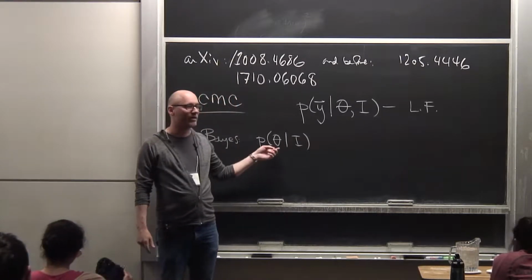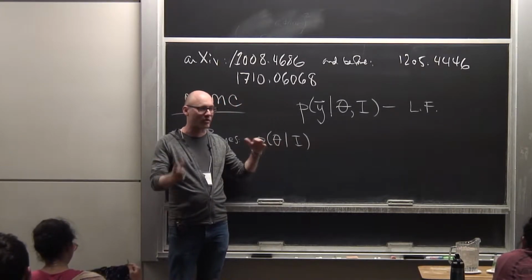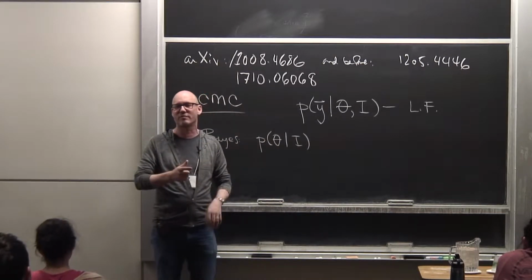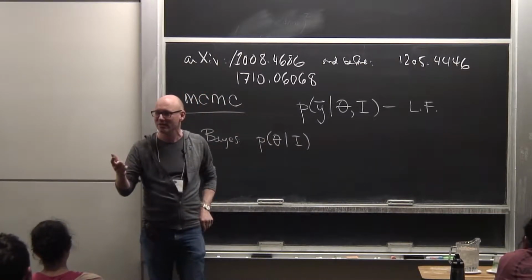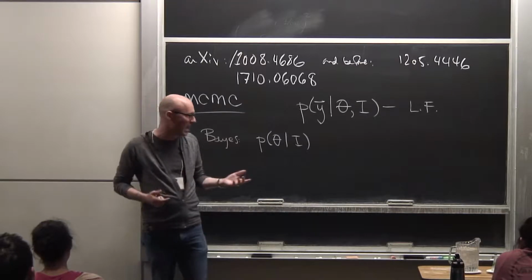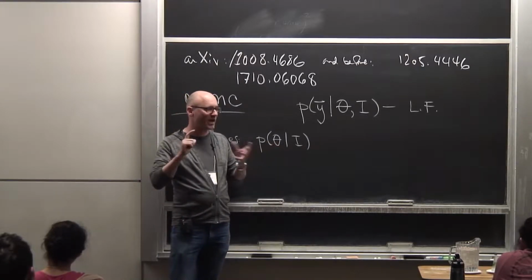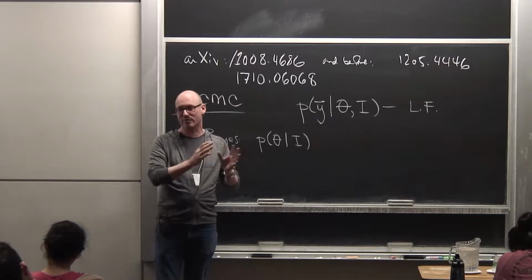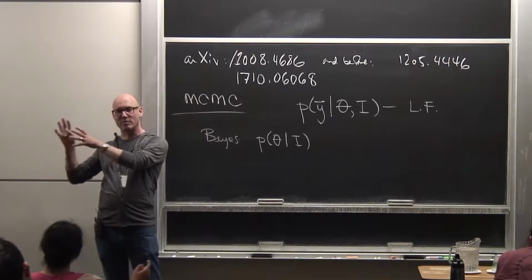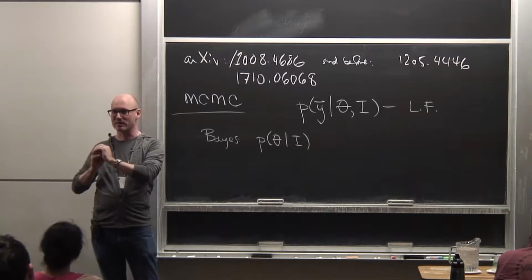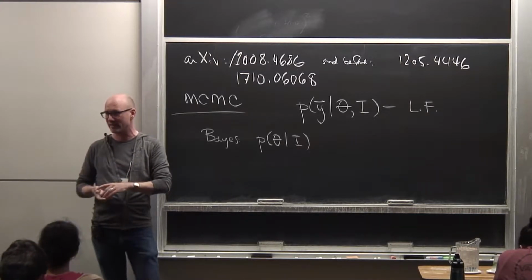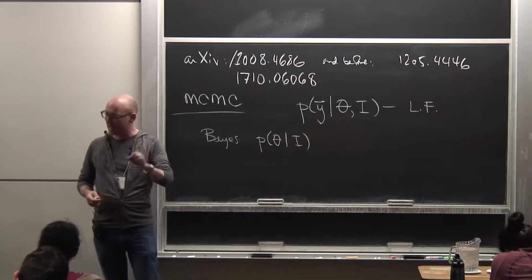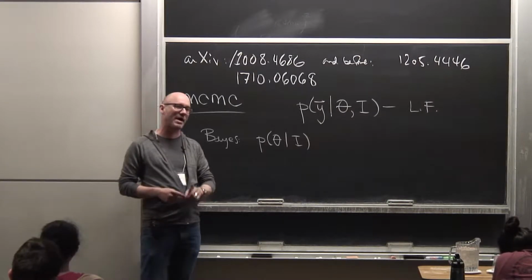Sometimes you believe that certain combinations of these parameters would violate the null energy condition, or something like that. You often have various kinds of beliefs. Some might be rooted in physics, like your physics knowledge or symmetries, and other things might be rooted in prior experiments where similar or related measurements have been made. So that's one aspect of the prior: it should encode your beliefs.